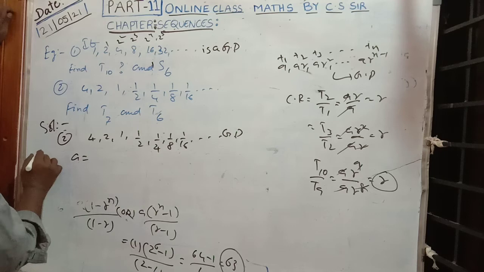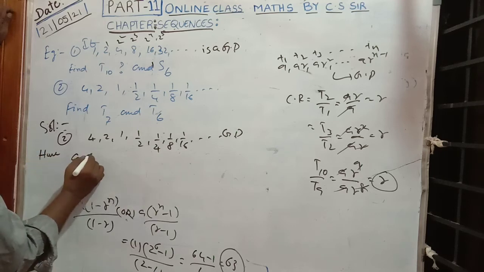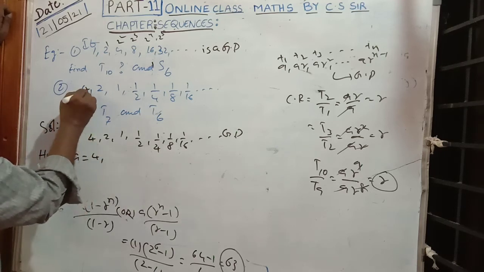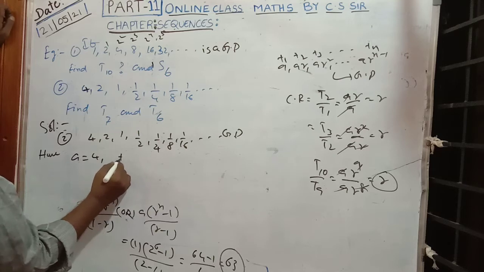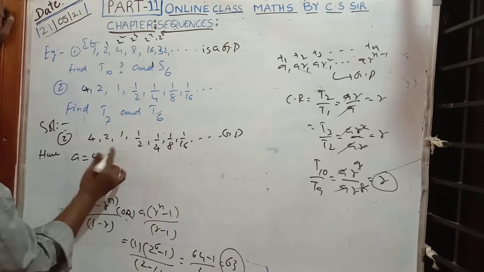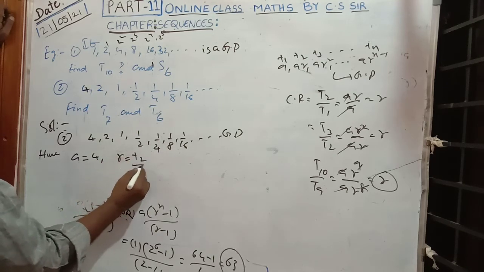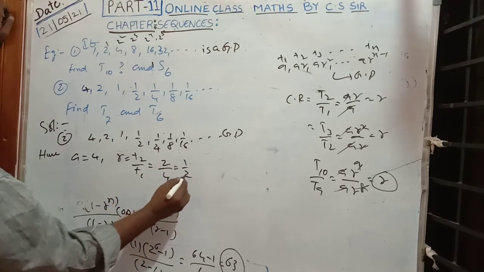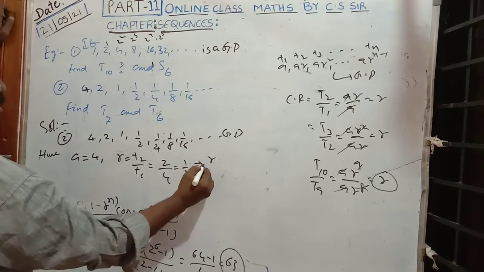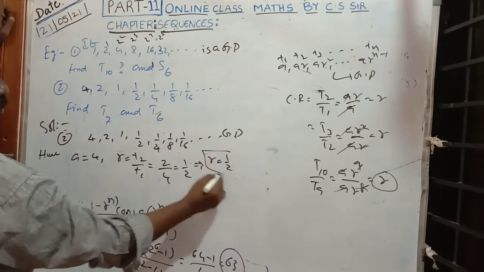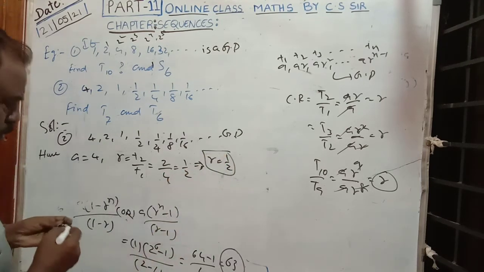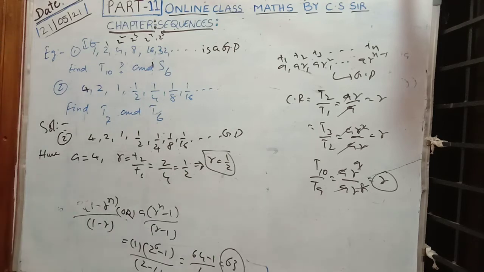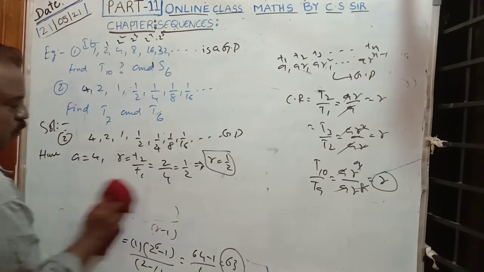Here A is equal to 4. And what is R? R is equal to T2 by T1, T2 is 2, by 4, it is 1 by 2. So R is equal to 1 by 2. The ratio is different. Observe.